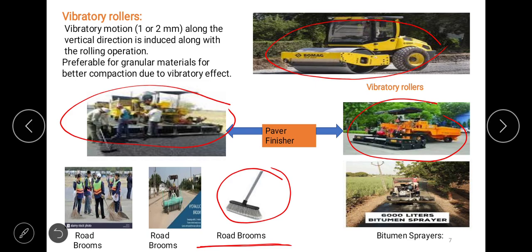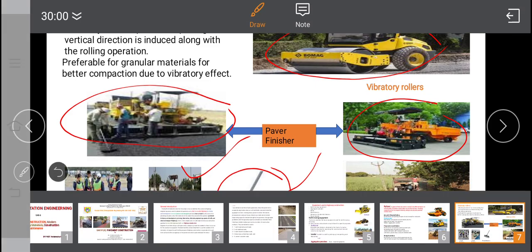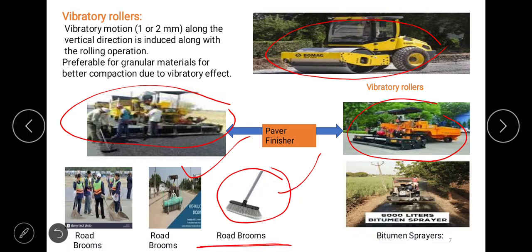One gang means consisting of different laborers, like 5 to 6 people. Road brooms may be mechanical or hand used, and you can see here how the gang people are using the brooms to wipe the unwanted material or extra material which are lying on the constructed surface. Okay, these are the finishers.